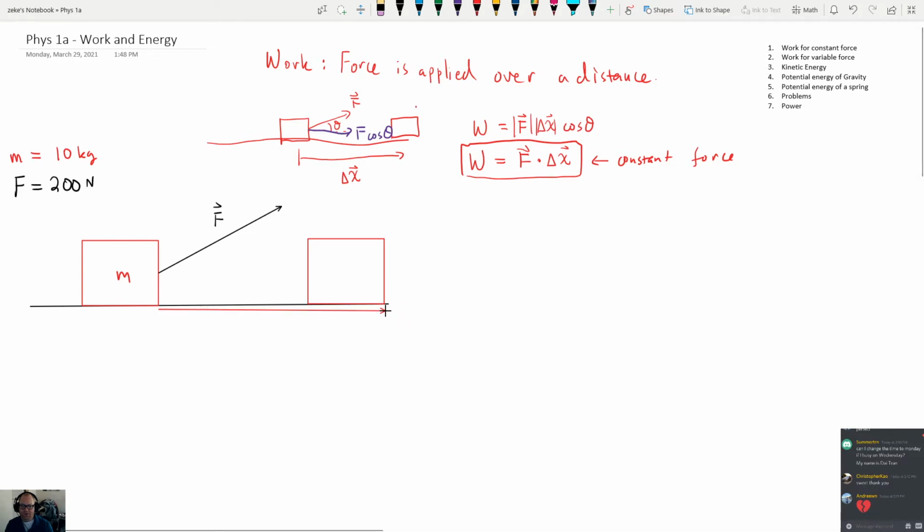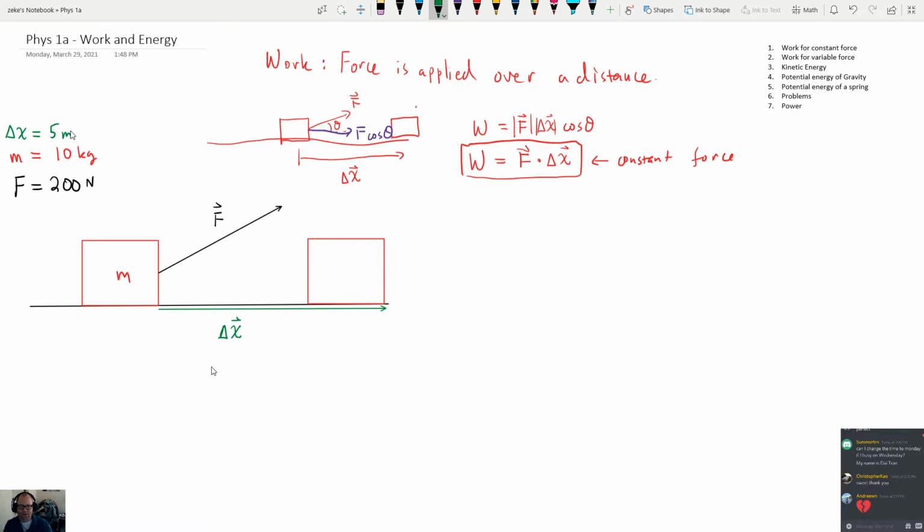It goes from here to here, and let's say that displacement, we call it delta x. And let's say that it's 5 meters. So up here we'll just write that delta x is 5 meters.